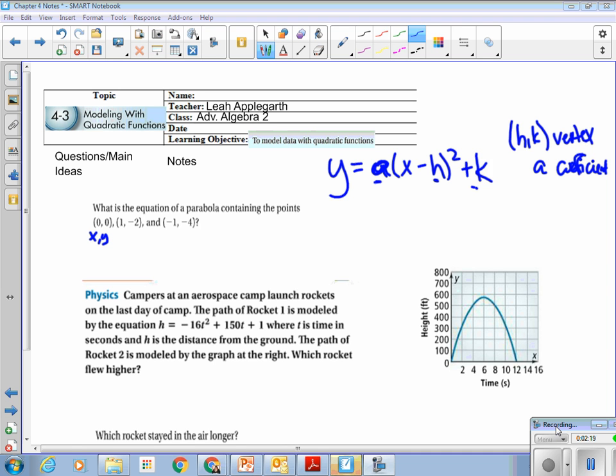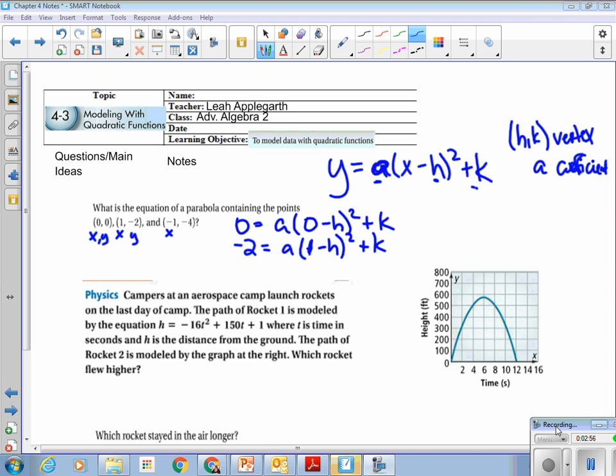So for (0, 0), I'm going to put in 0 for y, 0 for x, for my first equation. The second one, I'm going to put in 1 for x and negative 2 for y, minus h squared plus k.